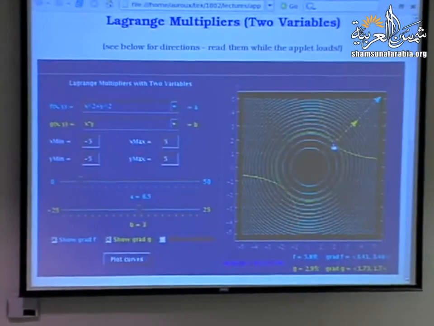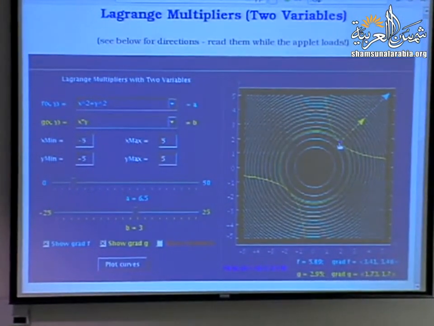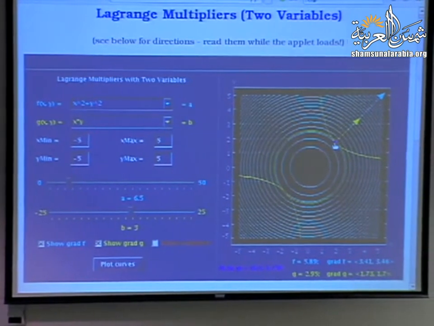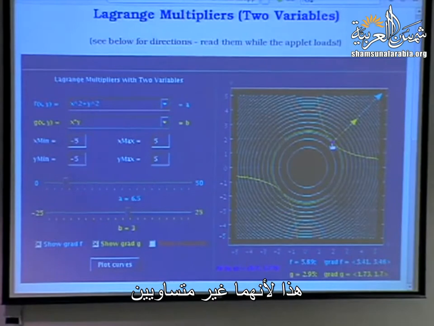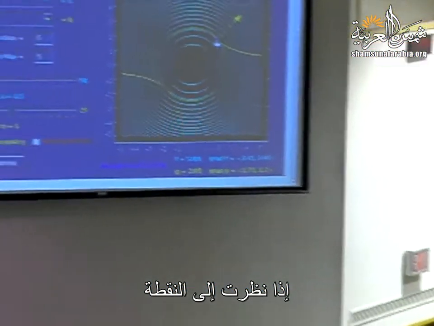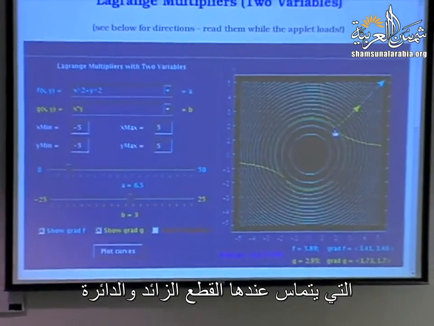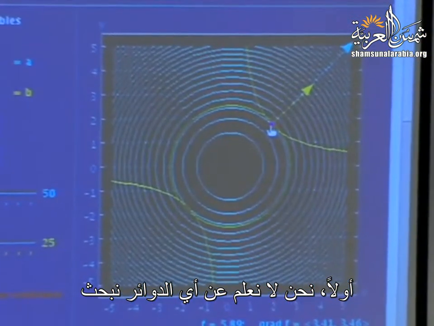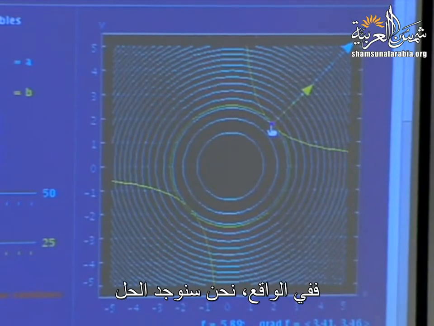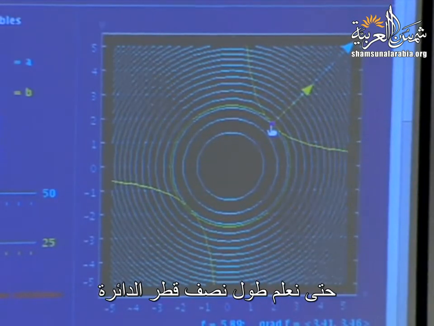Yes? If you're trying to find where the hyperbola and circles intersect, why can't you just set the two functions equal to each other? Well, because actually they are not equal to each other. If you look at this point where the hyperbola and the circle touch each other, first of all, I don't know which circle I'm going to look at. I'm trying to solve for the radius of the circle.